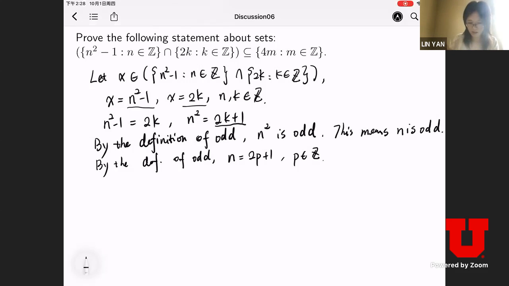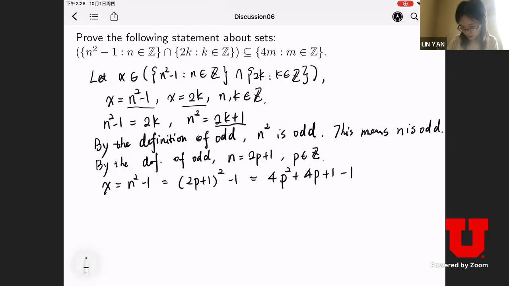Okay, and then we can rewrite X is equal to n squared minus 1, and because n is equal to 2p plus 1, so X is equal to (2p plus 1) squared minus 1, which is equal to 4p squared plus 4p plus 1 minus 1.